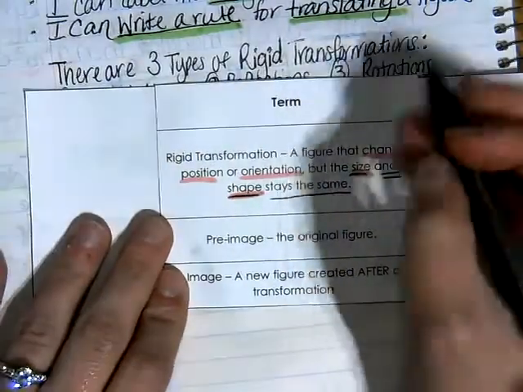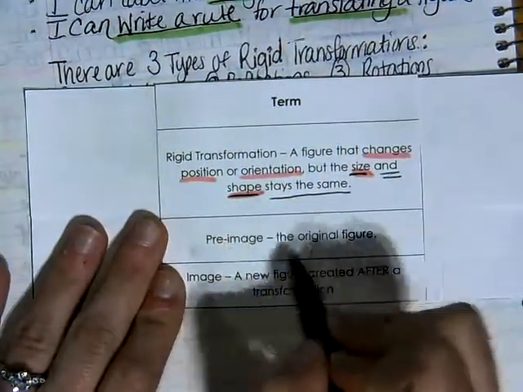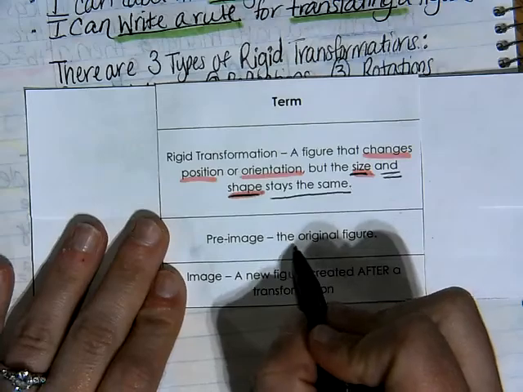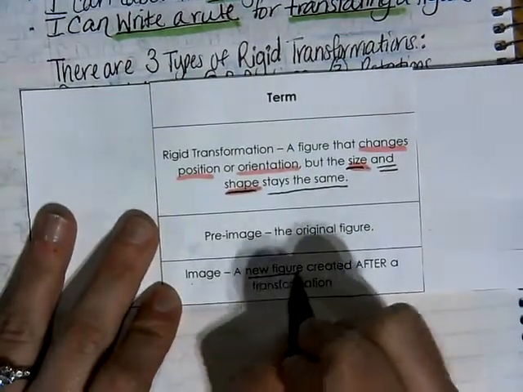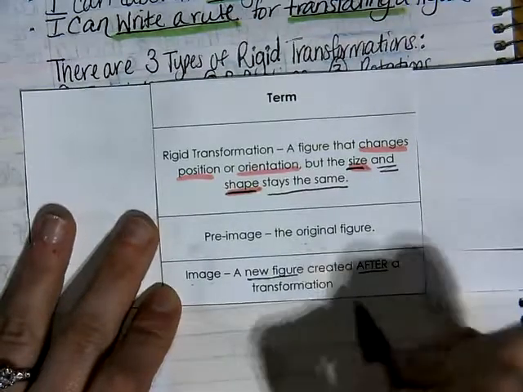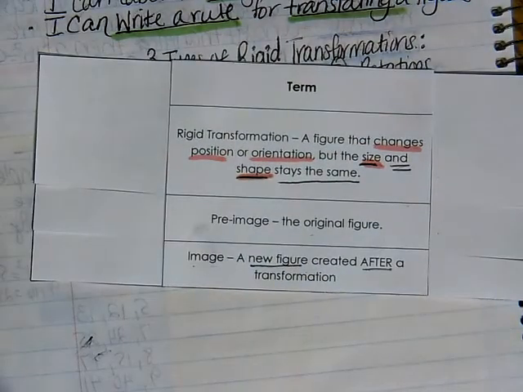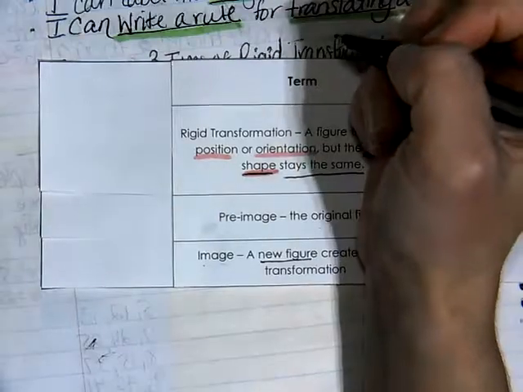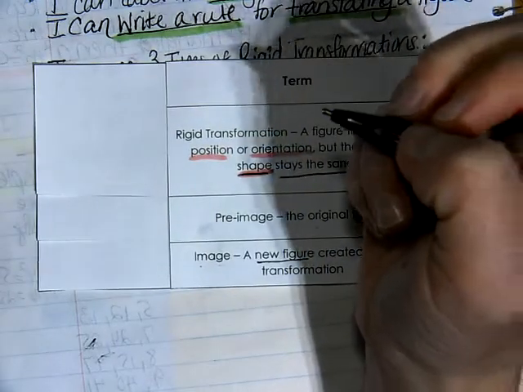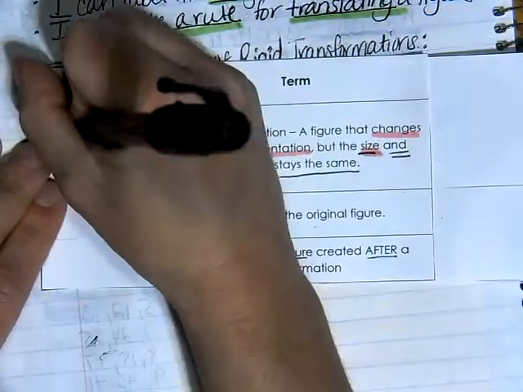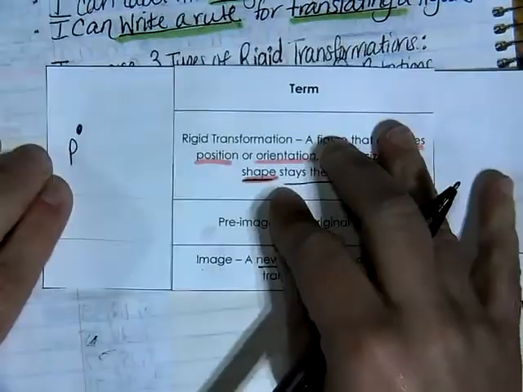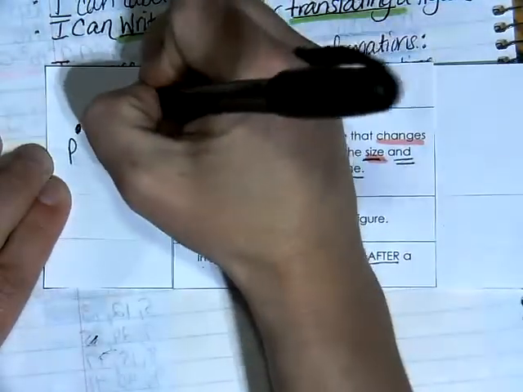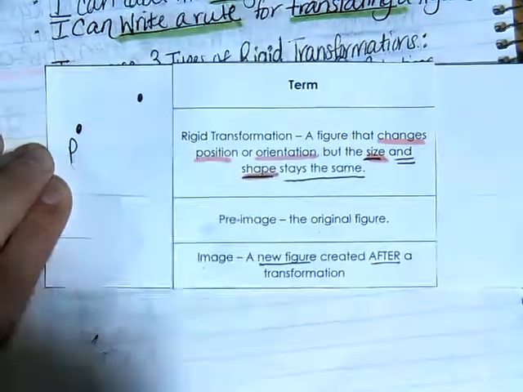A pre-image is the original figure, and an image is a new figure that is created after a transformation. So, for example, let's say that we are talking about the letter P, a point P, and we're going to move that point up here.